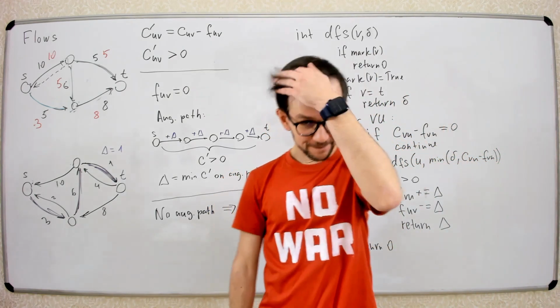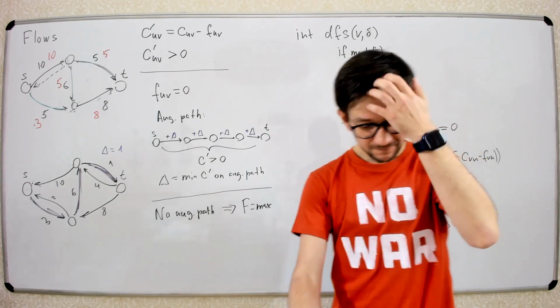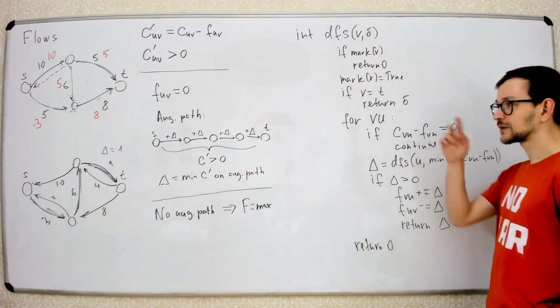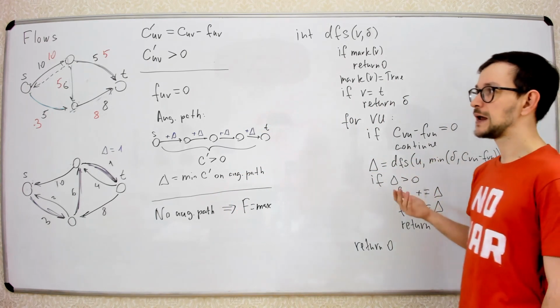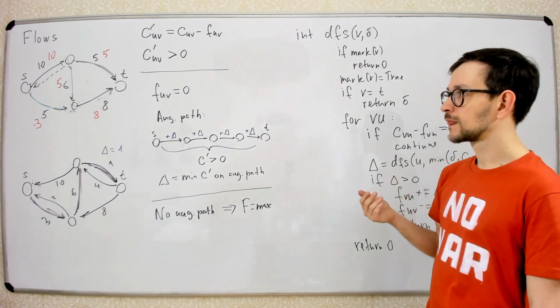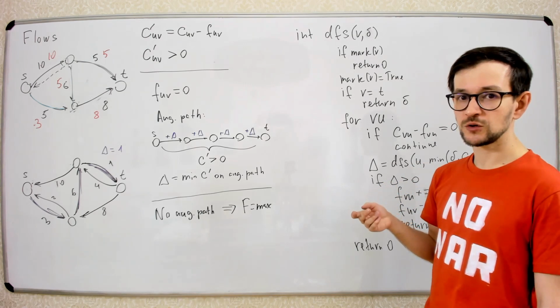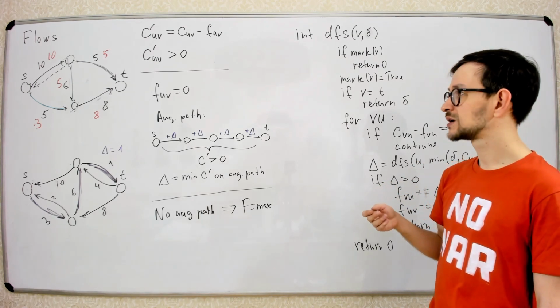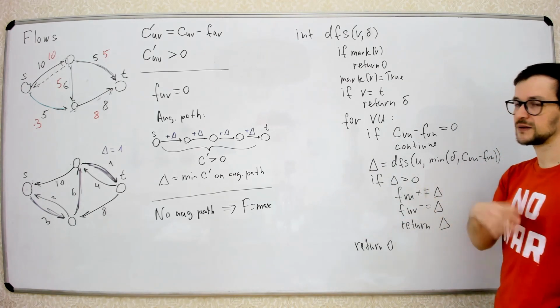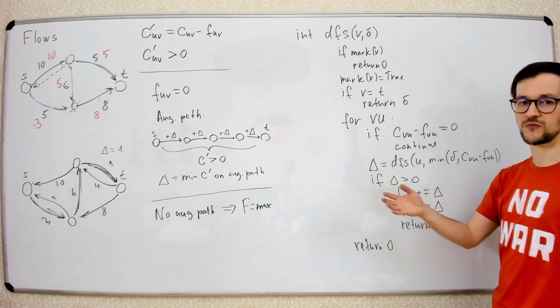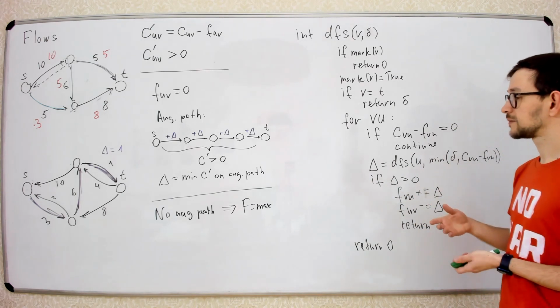Yeah, it looks like in the previous part we just proved we can decompose any flow into no more than m paths. So it looks kind of the same. We kind of find paths and then form the big flow from these paths.